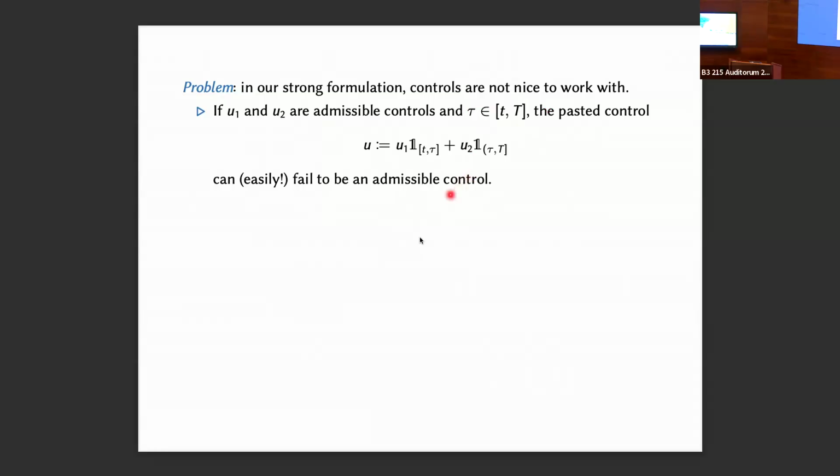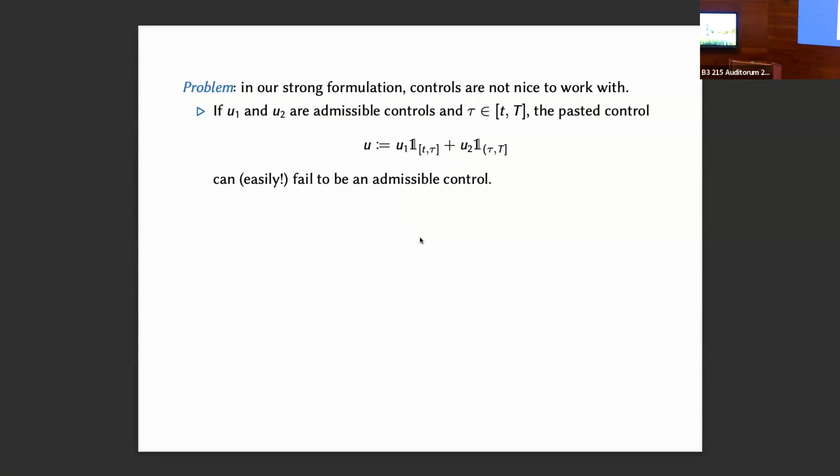Why? Because U2 on that second time interval might need information that it generated itself beforehand, before time tau, but which maybe U1 hasn't generated. So if there's any kind of path dependence in one of the controls, then this will immediately fail to be admissible. If these are just feedback controls, so functions of the current state, that's not an issue, but we allow for general controls.